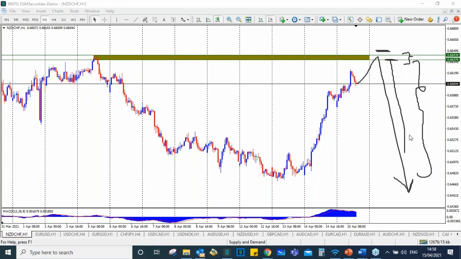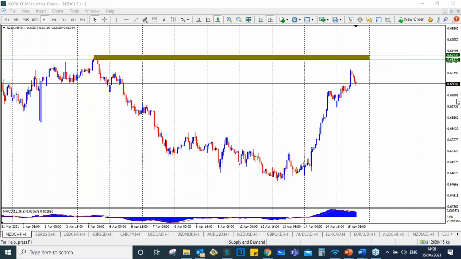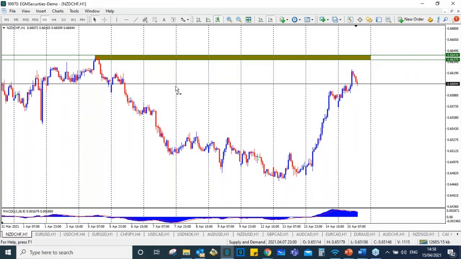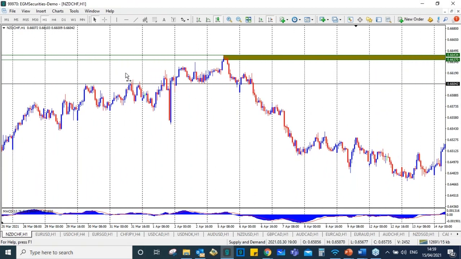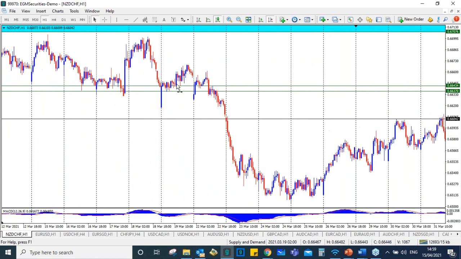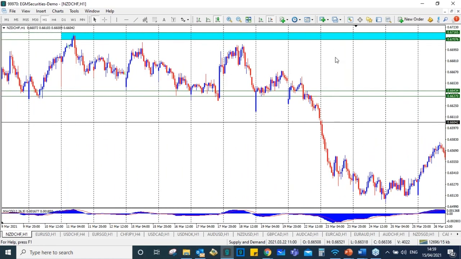We can go further backwards and check whether we have another critical level where price has made such a huge rally. As we go backwards, you will notice that we have another zone which we can mark. We have these extended range candlesticks, these long extended candlesticks. We have two of them, so that might qualify to be an area of interest.